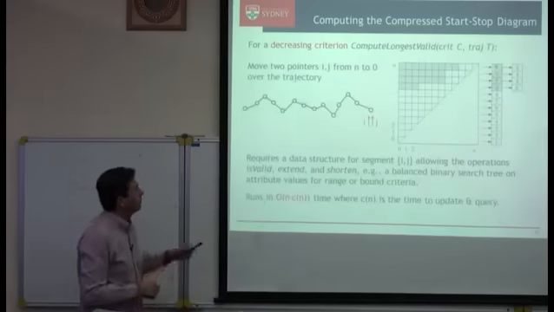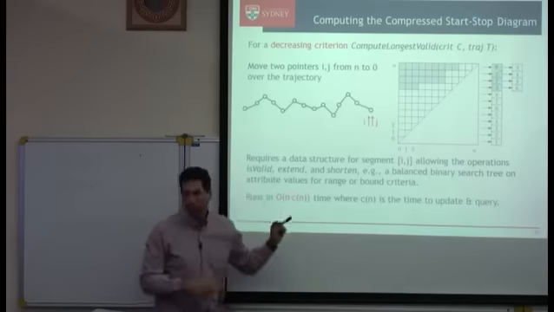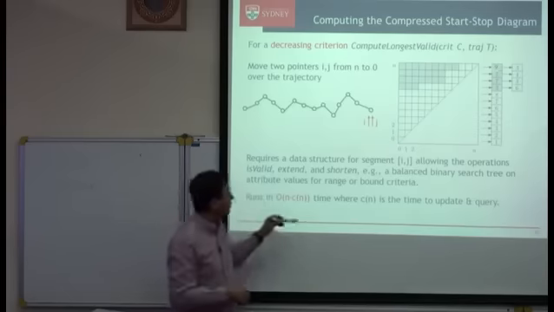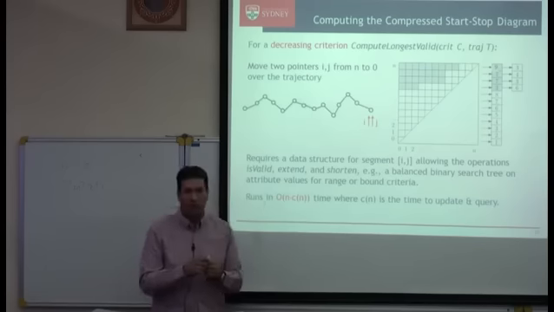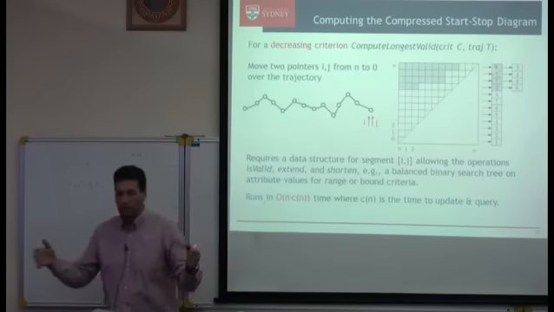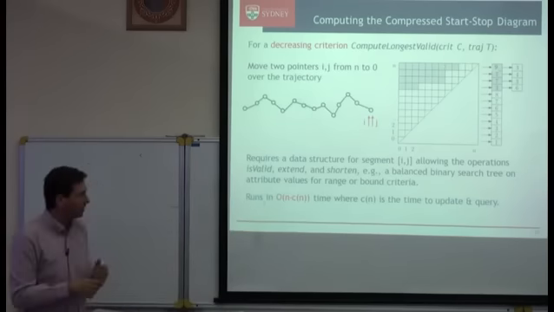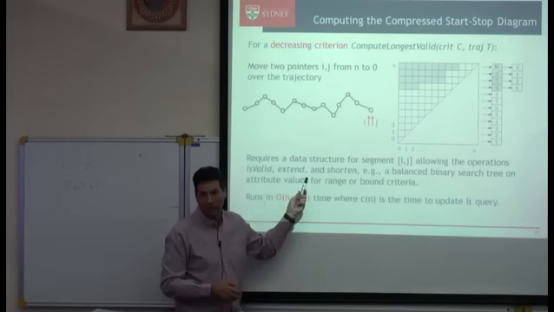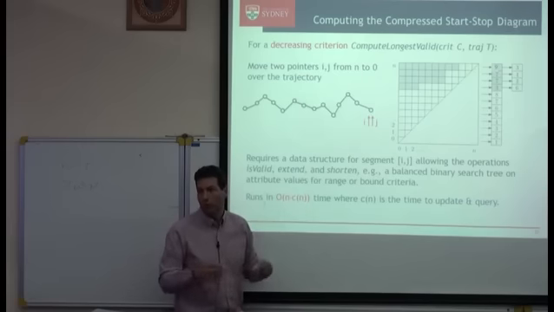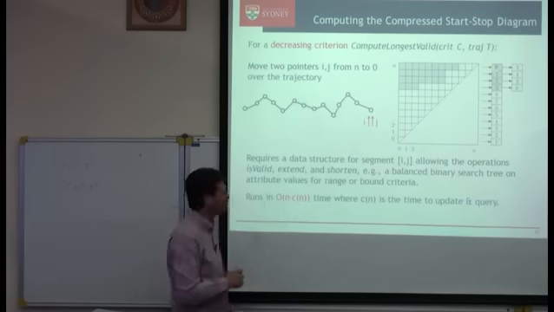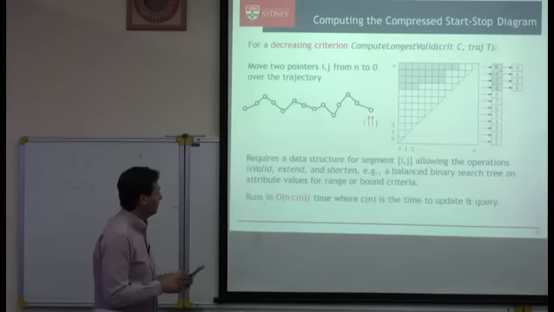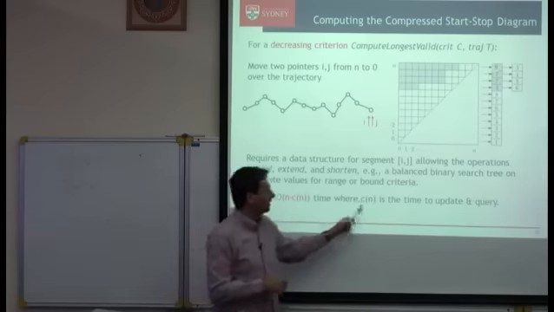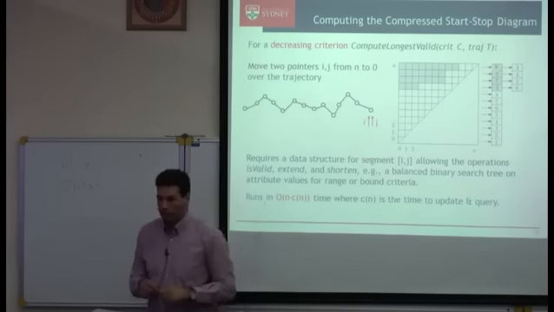So this, of course, requires a little bit of additional data structure, but it's fairly simple. You need to check if a segment is valid or not, you need to be able to query it, and you need to be able to extend the segment. These are all very simple operations that you can perform with a binary tree. So you can do this in n times C(n), where C(n) is the time to update and query.